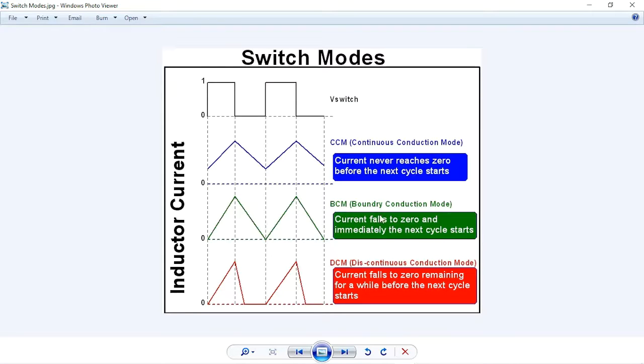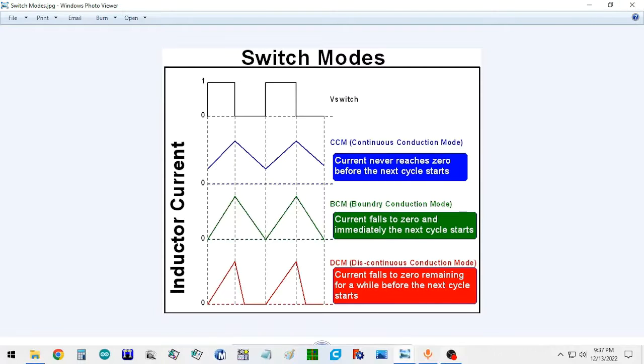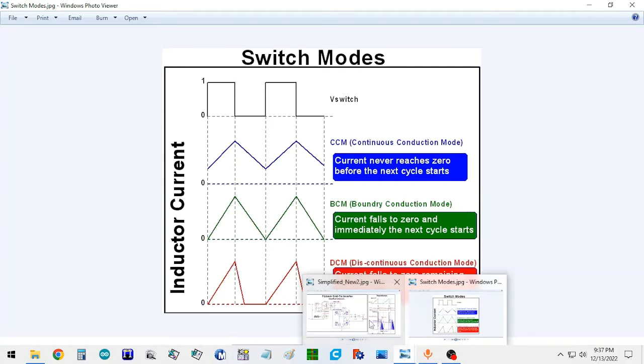The other two are boundary conduction mode, BCM, which is current rises and then falls to zero and then immediately rises again, so there's no dwell time at zero. And then finally, for continuous conduction mode, the current never reaches zero. So inductor current is always flowing, but never goes to zero. So those are the three modes, and we're in DCM mode for this project.